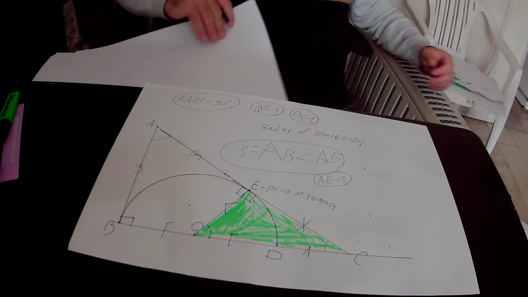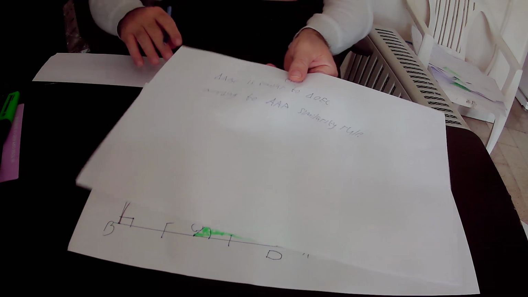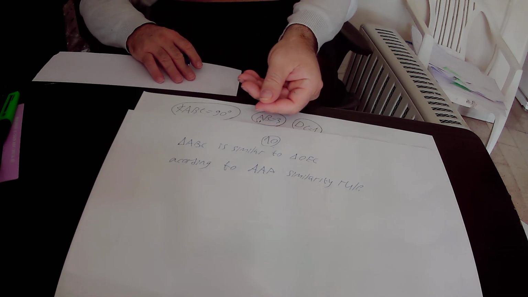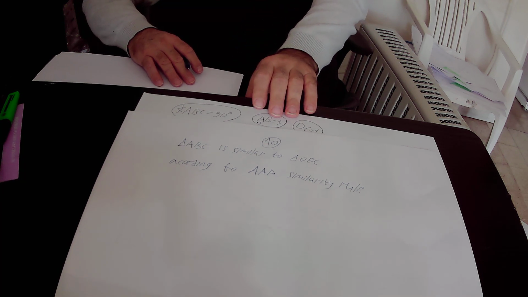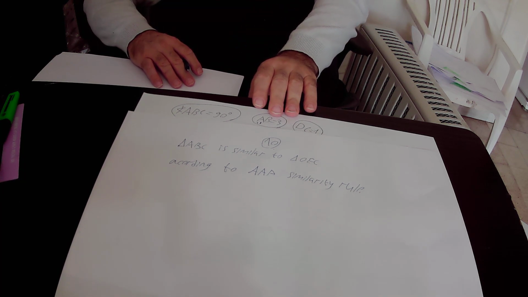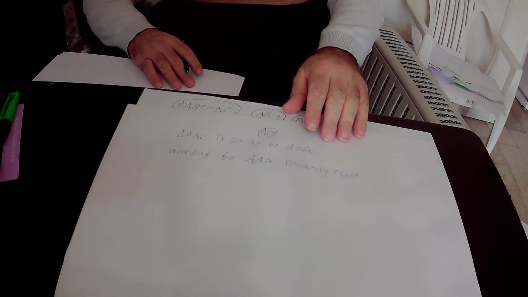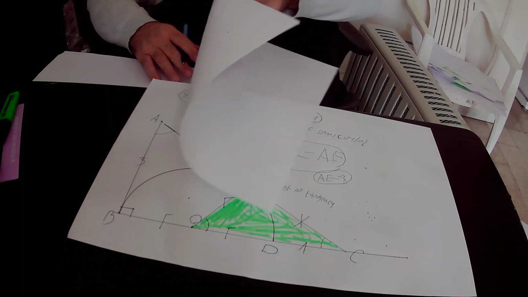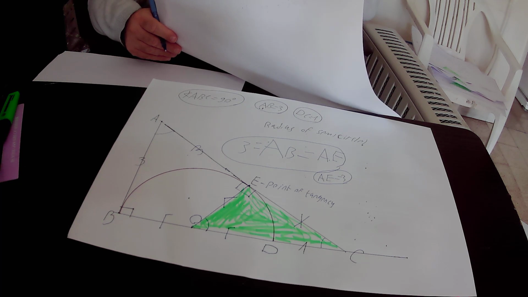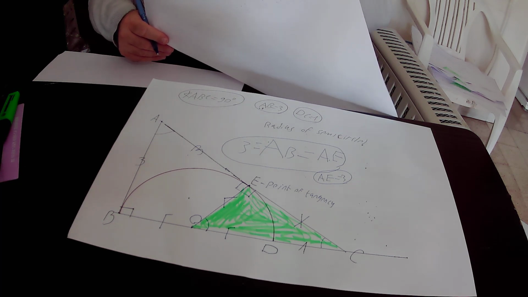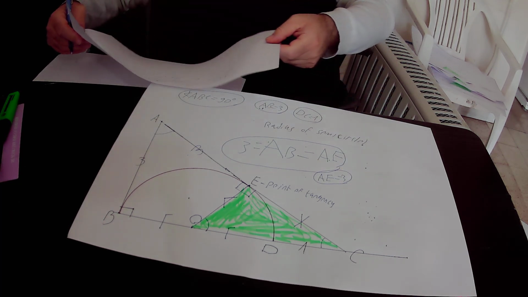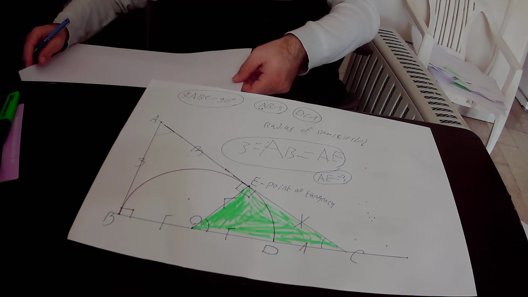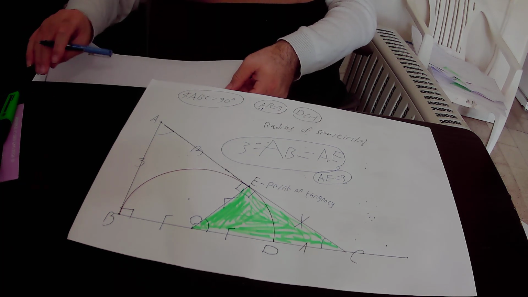I will repeat again. We actually proved that triangle ABC is similar to triangle OEC according to the angle similarity rule. So what is the angle similarity rule? Actually, when you prove that three angles of one triangle are congruent to three angles of another triangle, then you prove that those two triangles are similar to each other according to the angle similarity rule.